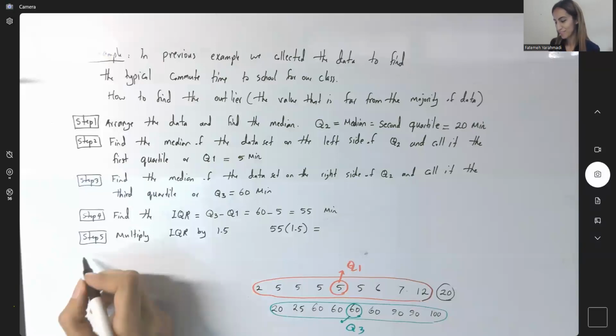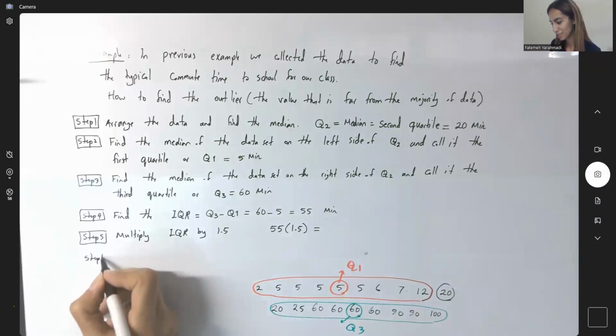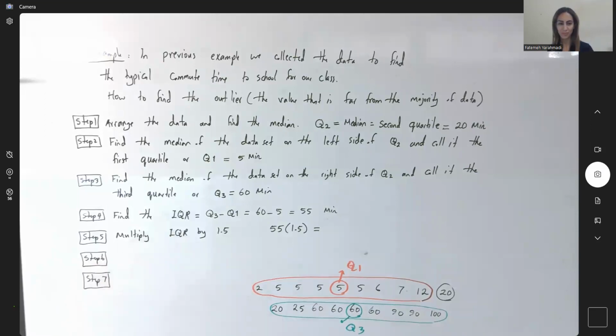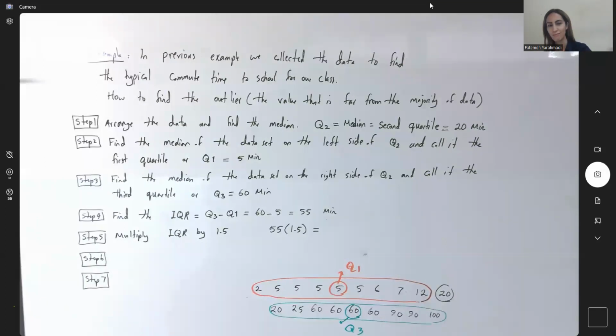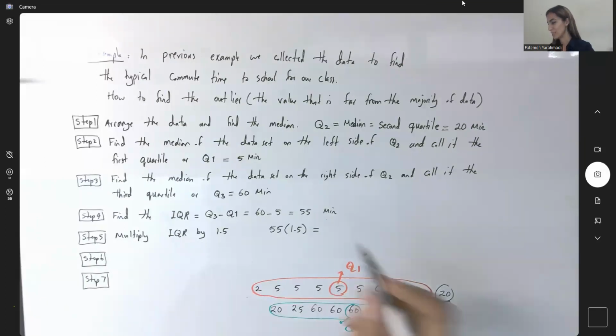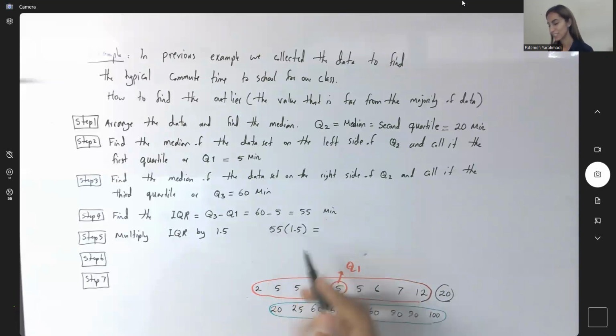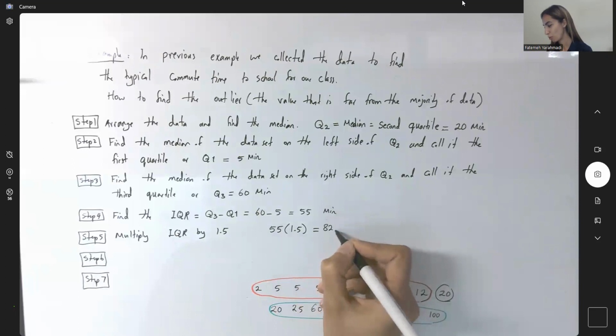After that, you have step 6 and the last step, step 7. Calculate 55 times 1.5 for me and write your answer in the chat. Thank you, guys. So the interquartile range multiplied by 1.5 is 82.5.